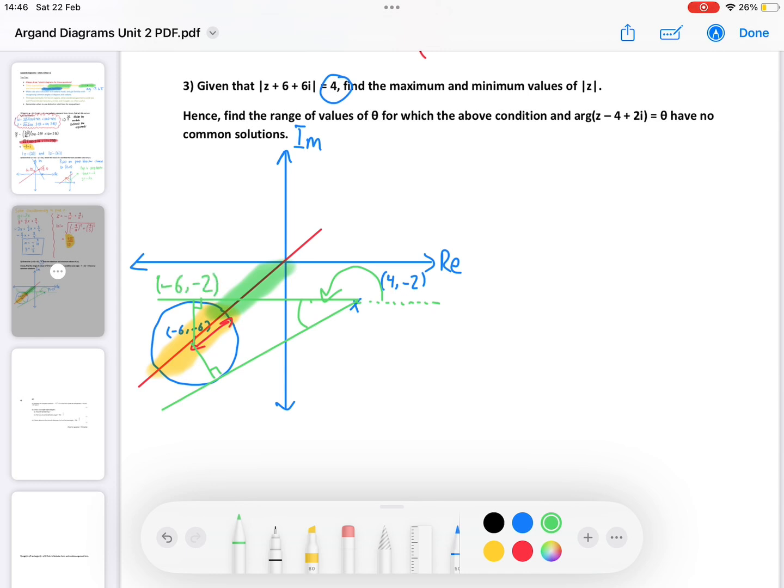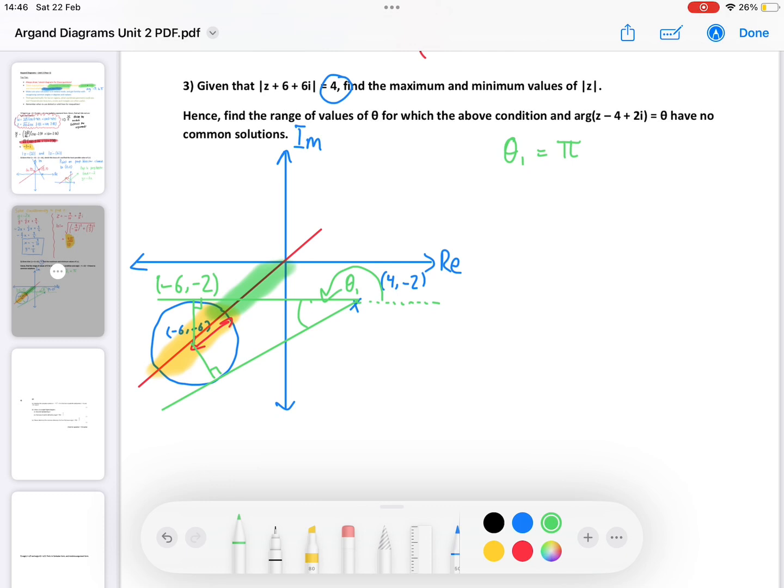And since it's on the same horizontal level with 4 minus 2, this angle here, which I'll label θ1, is simply going to be 180 degrees. But since we should be working in radians, it's pi. Positive pi, because we're measuring anti-clockwise from the positive real axis.